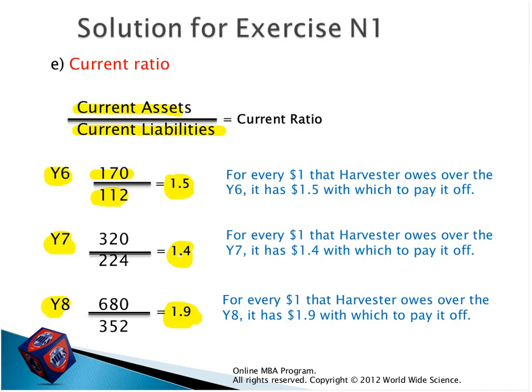It has decreased from year 6 to year 7. The result of the current ratio must be higher than, equal to or near the norm of 2. And in year 8 it is around 2. That is a good result. But we have to analyze what is happening in year 7. Why has it been so low and decreased from year 6?